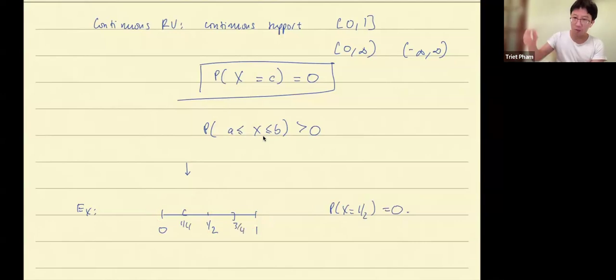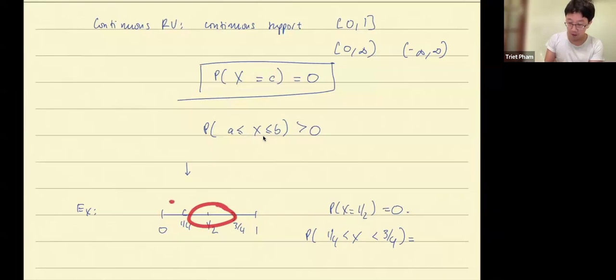What's the probability you drop the pin and it's within these two numbers? Will be something. If it's uniform, then it will be the length of this over the total length. So that's 1/2. So that's an example.